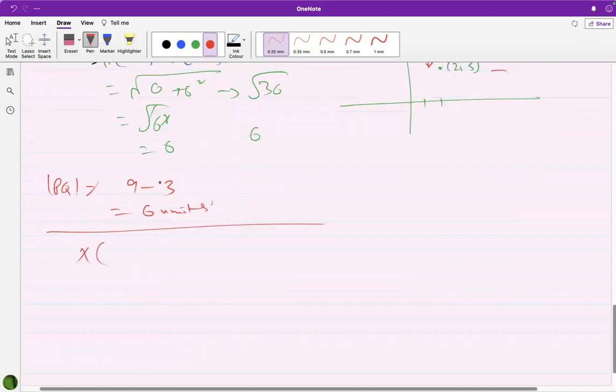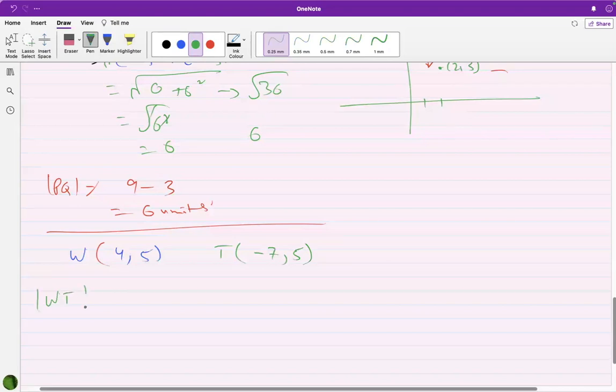Another example, let's say coordinates of W are 4 comma 5 and coordinates of T are minus 7 comma 5. So what would be the distance WT?